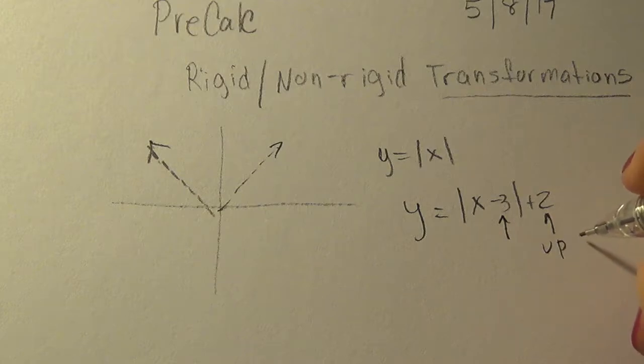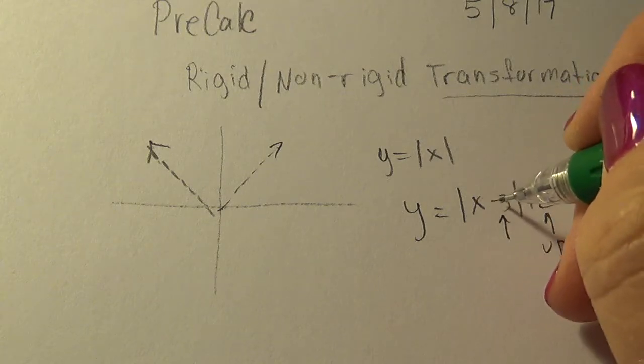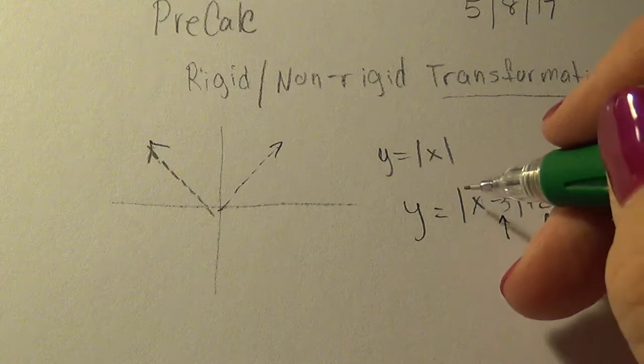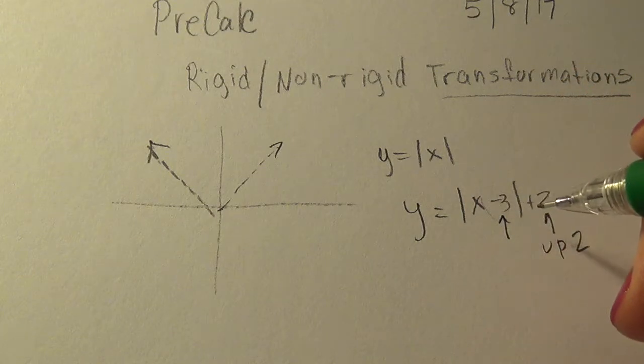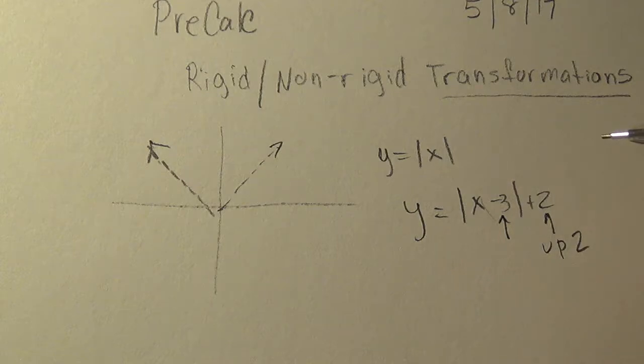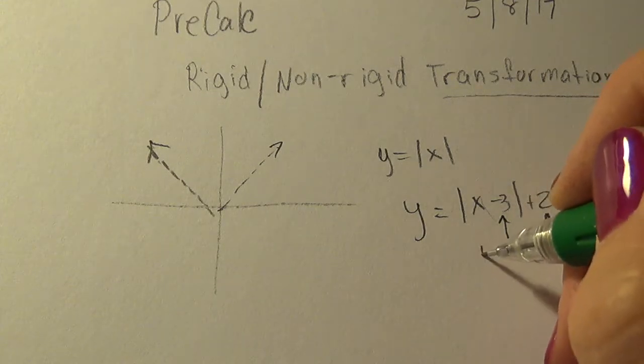You have to listen and take notes. This negative, when the value is hugging the x-axis inside the function, is the opposite of what you might think. It's left-right, so this is a right 3.